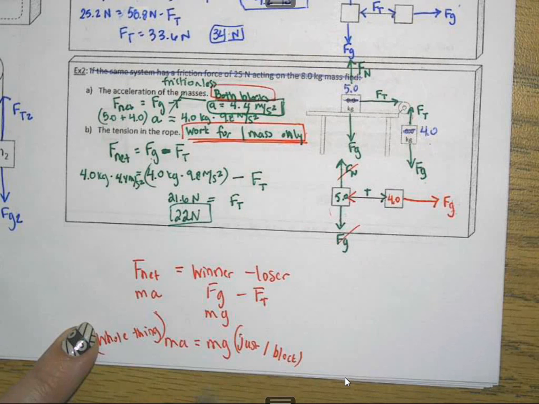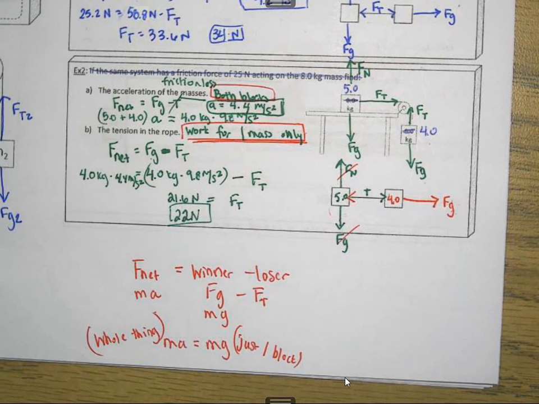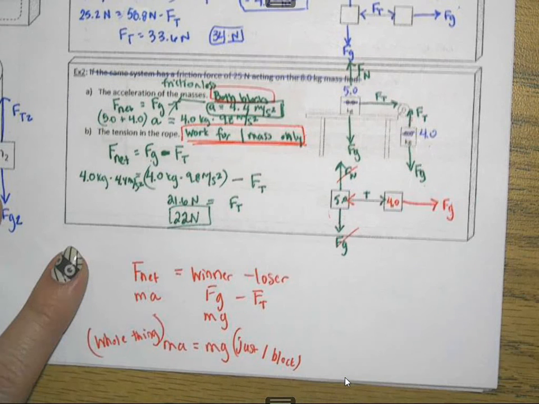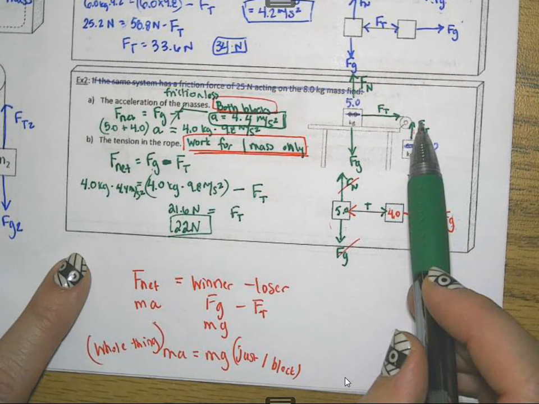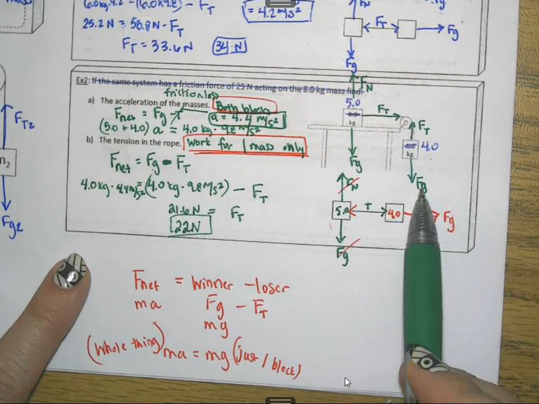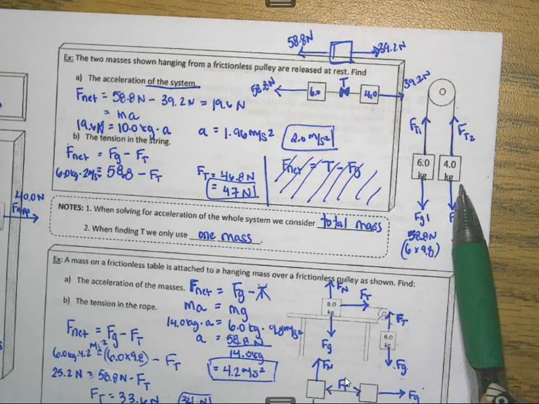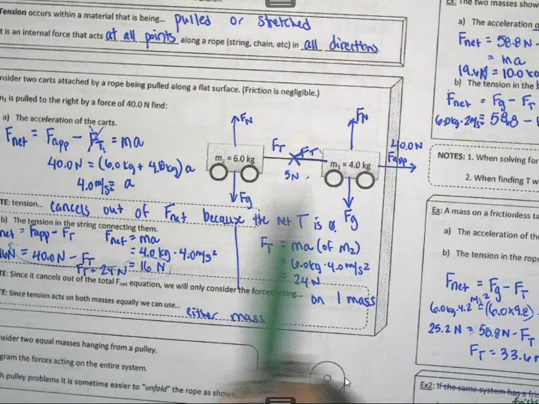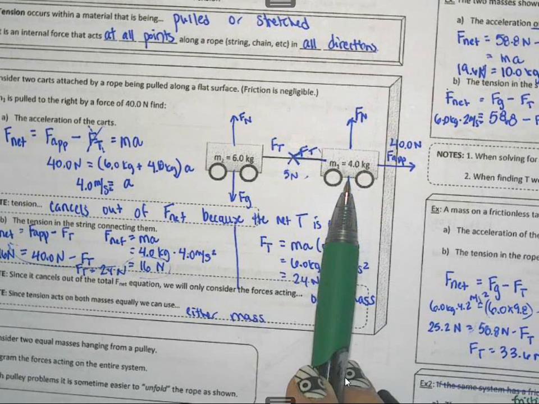Okay. It doesn't matter whether the problems are two blocks, one hanging over a table, if it is the two blocks with the pulley, or if it's the two blocks that are on a table tied together in some way. It's still the same exact principle every single time.